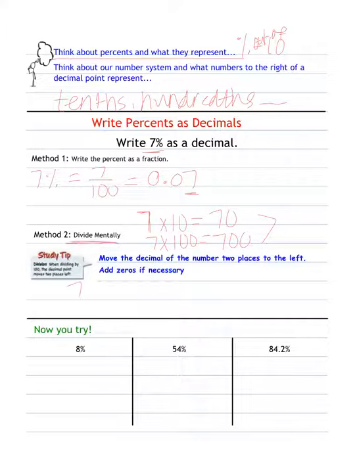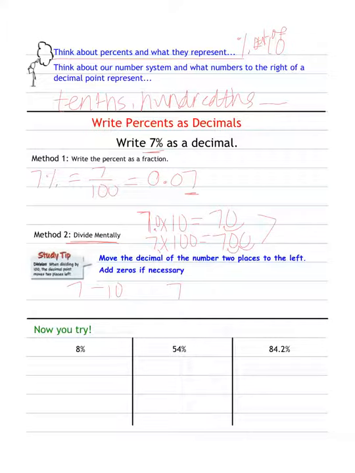So 7 divided by 10 is going to be, if we look back up here, if I basically have 7.0, I can see that I'm just moving my decimal to the right 1, or here, I'm moving my decimal to the right 2, depending on if I'm multiplying by 10 or 100.